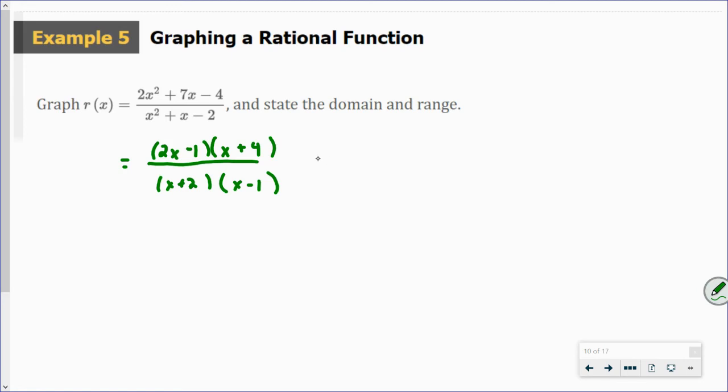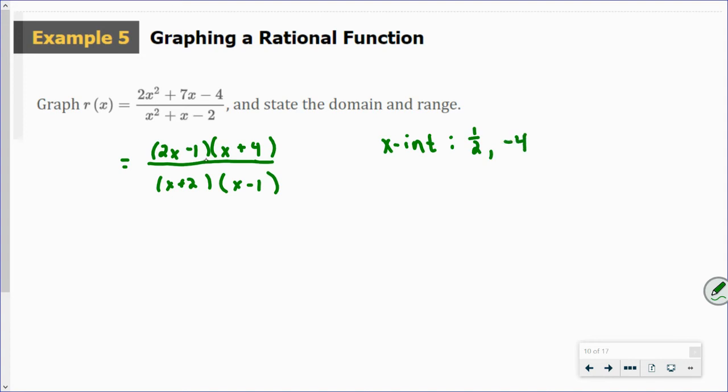Step 2 would be to find the x and y intercepts. Your x-intercepts come from the top being 0. So the x-intercepts are a half and minus 4.